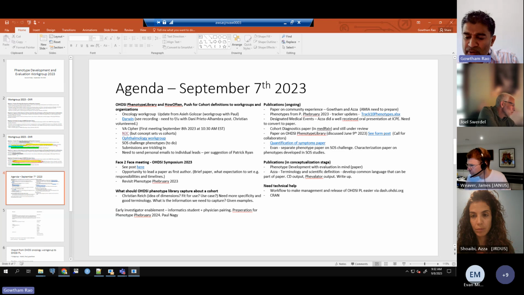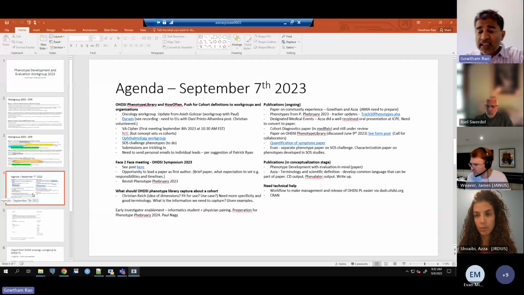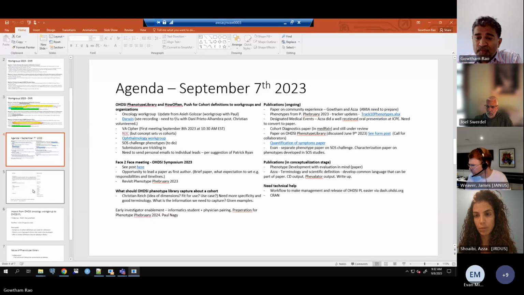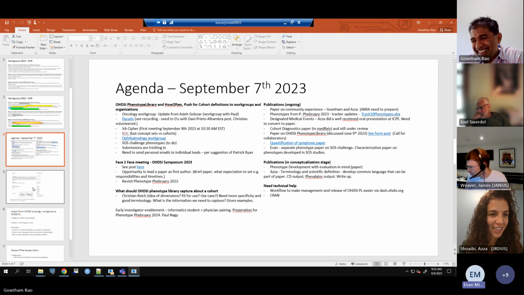Right. I don't know what happened to the Atlas COVID. I think it probably got cut because of no funding. What a great use case for a phenotype library. Yes. The Atlas instance that just disappears. Okay.